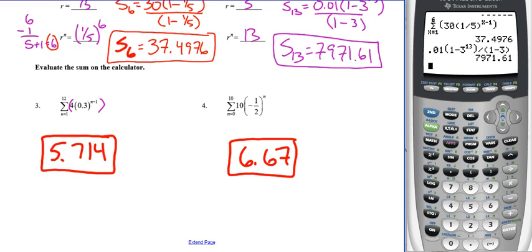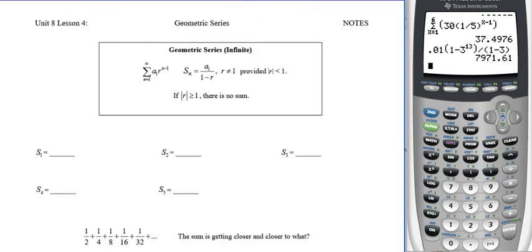So let's move on now to the second type of geometric series, which is called an infinite series. Now, with an arithmetic series, there was no infinite sum. If it went on and on forever, you can never add it up. But with a geometric series, there is a special kind that you can actually add up.